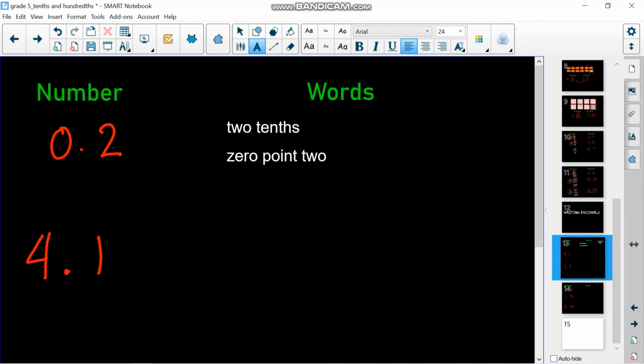Okay. Now let's go to the second example. We can write that in fraction form, so we have 4 and 1/10, or we can write it as 4.1.